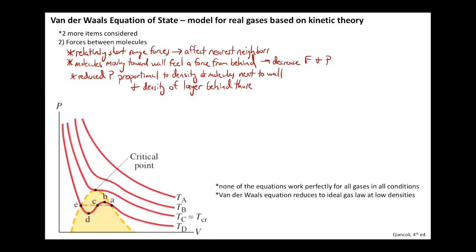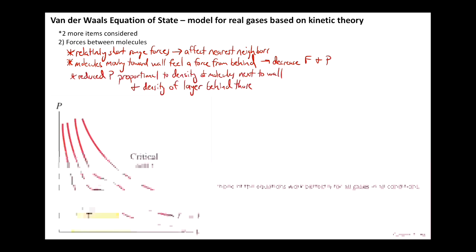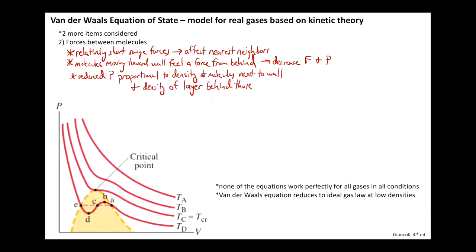How much the pressure gets reduced should be proportional to the density of those that are about to strike the wall, that layer right up against the wall, as well as those behind them that are exerting that attractive force backwards. Okay?